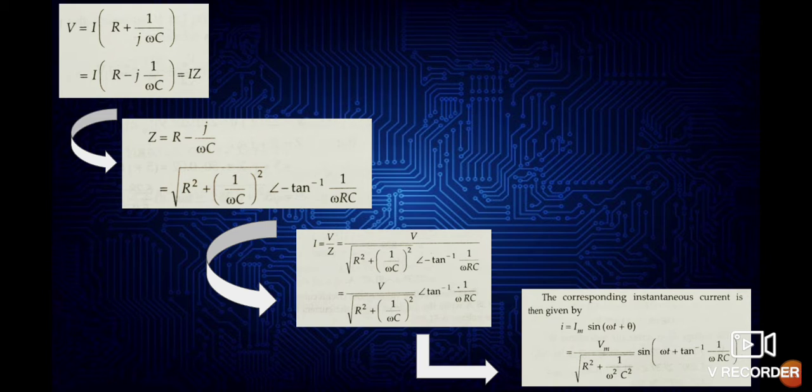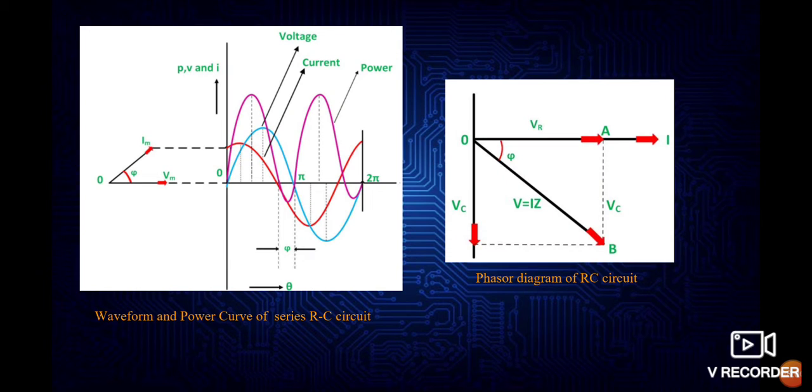By substituting the values, we will get Vm by root over of R square plus (1 by omega C) whole square times sin(omega t plus tan inverse 1 by omega RC). So we have drawn the graphs here. We can see that the current leads the voltage by an angle of 90 degrees for a series RC circuit.